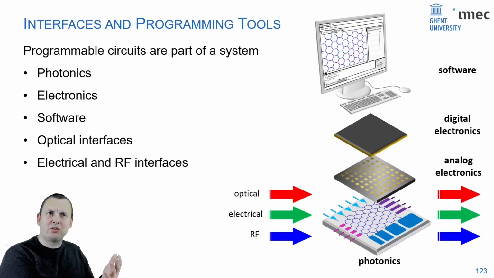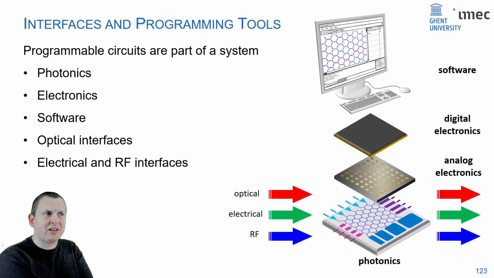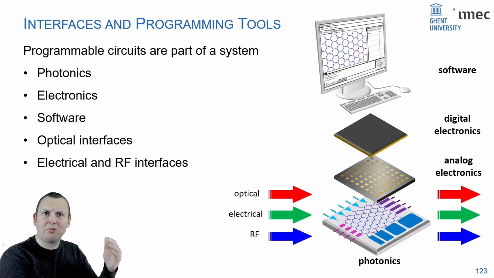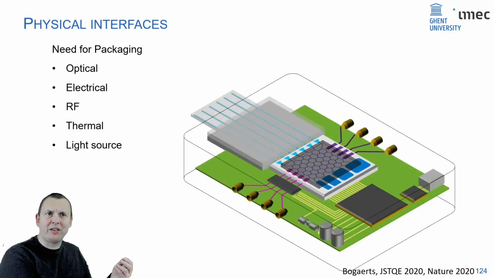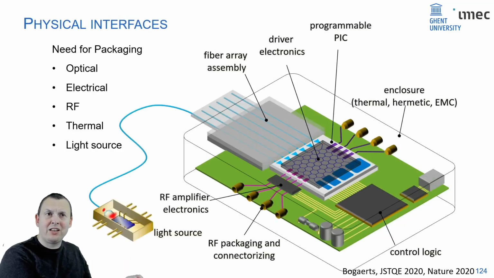Now these are some examples, but it's basically just to illustrate that if you want to build these programmable photonics, you need more than just a photonic chip. Programmable photonics is about the whole software stack, from the photonic chip to the electronics, the software, the optical interfaces, and then the electrical and microwave interface as well, so all the packaging. So you need to bring everything together, ideally in a quite compact package with all the hardware interfaces and the fiber pigtails and the drivers in the package.